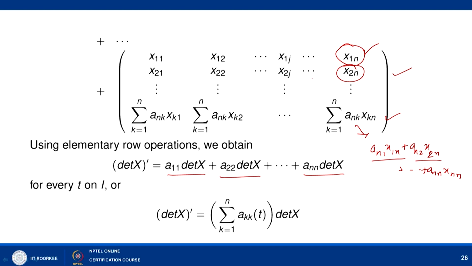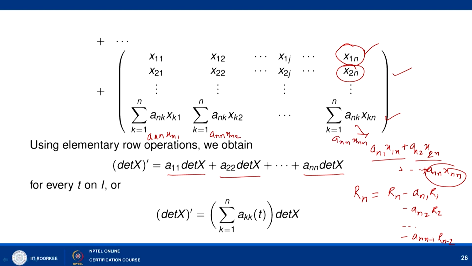So, here what you can do is write Rn as Rn minus an1 R1 minus an2 R2 and so on, minus an,n-1 R(n-1). When you do this, only this term is left, all the rest of the terms are simply gone. So, this is written as ann xn1, this is ann xn2 and here it is ann xnn.